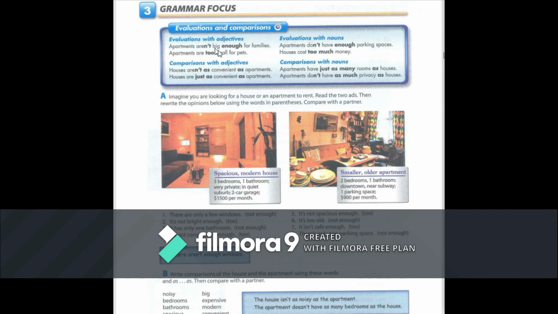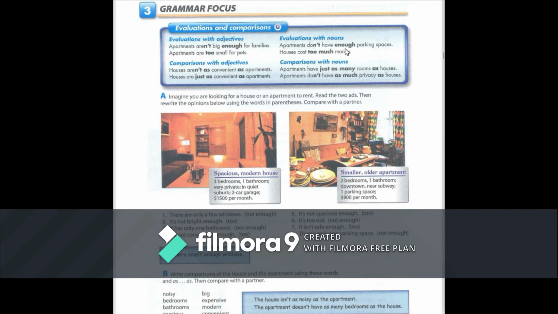Adjective before enough. While if there is a noun, I put enough before the noun.